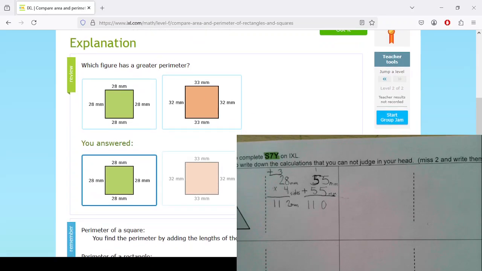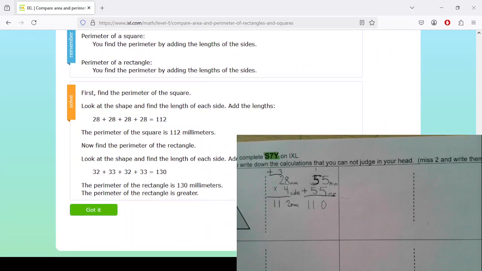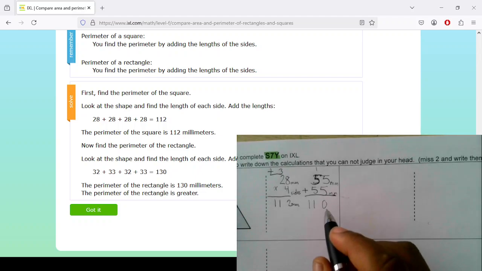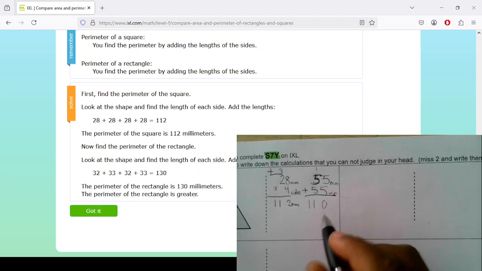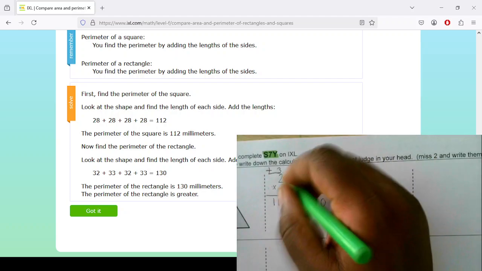Which figure has a greater perimeter? 28 plus 28 plus 28 plus 28. So 28 times 4 was the correct thinking, and 112 was the correct answer.